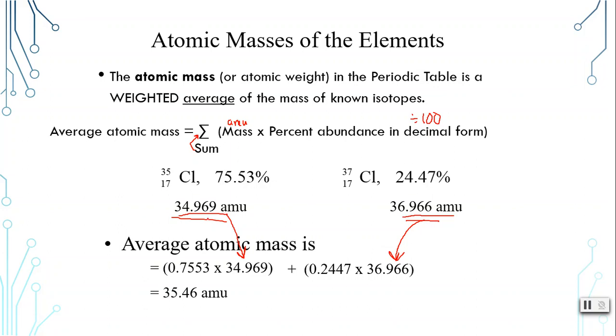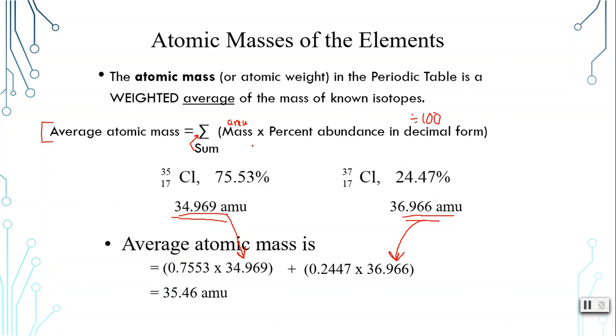Like I said, if I give you an atomic mass with more decimals, then you should use it. Take-home message is that the average atomic mass for an element, what's on the periodic table, is a weighted average. It takes into account the mass of each isotope as well as its abundance in decimal form.